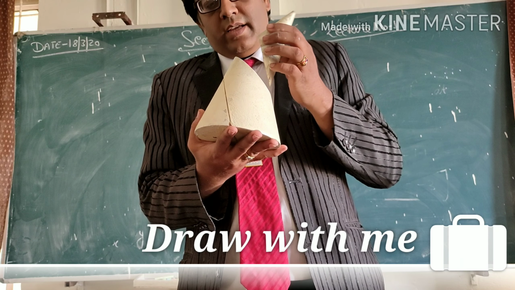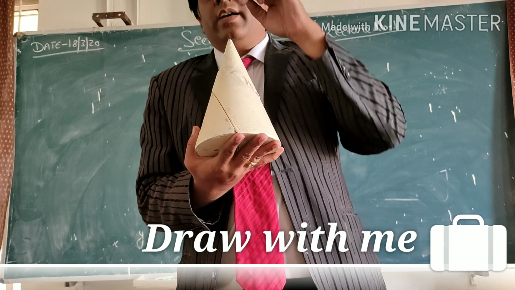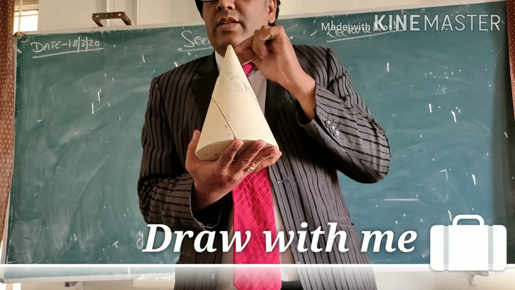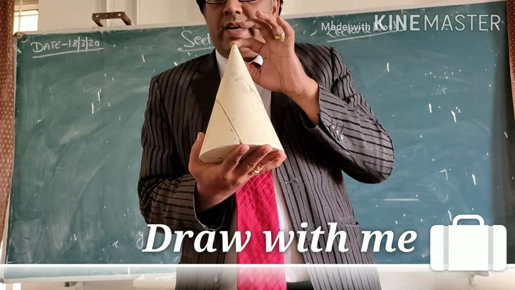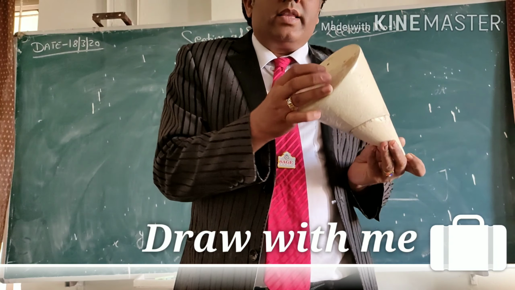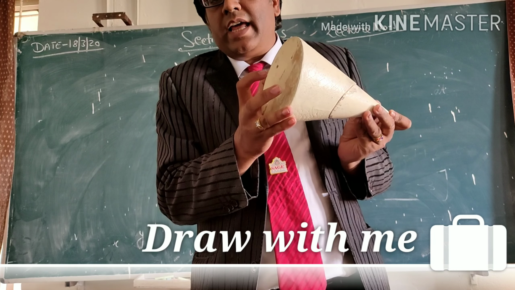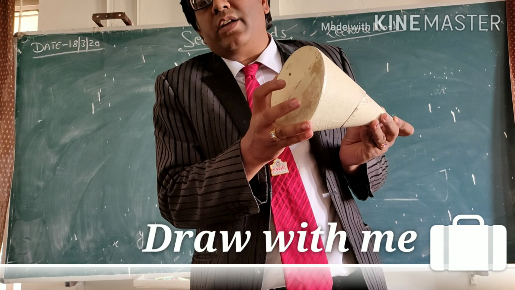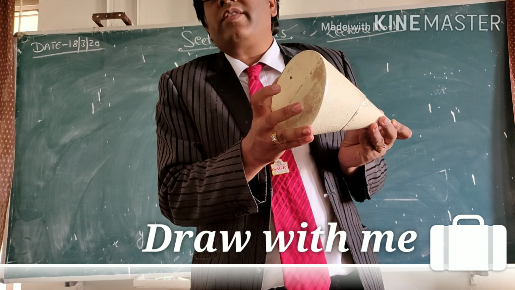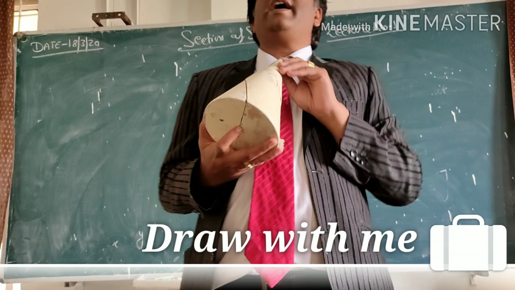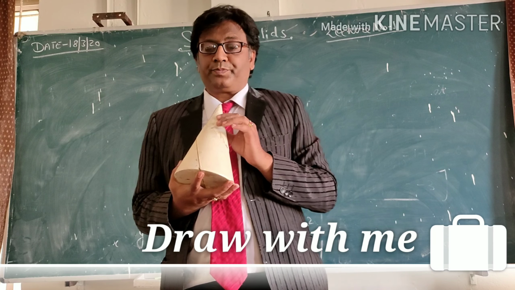This is the apex or vertex, and this is the base. The hidden line joining the center of the base and the apex is called the axis of the cone.